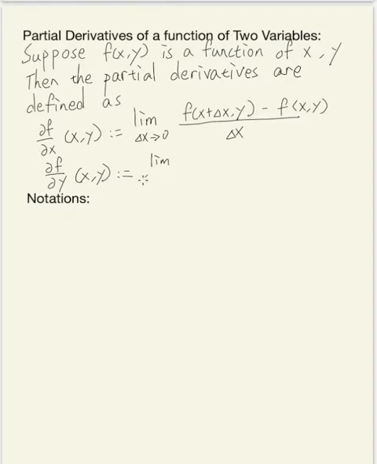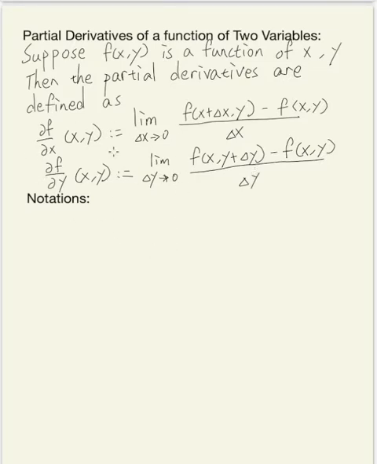So the limit of delta y going to 0 of f of x and y plus delta y, minus f of x and y, divided by delta y. Okay.